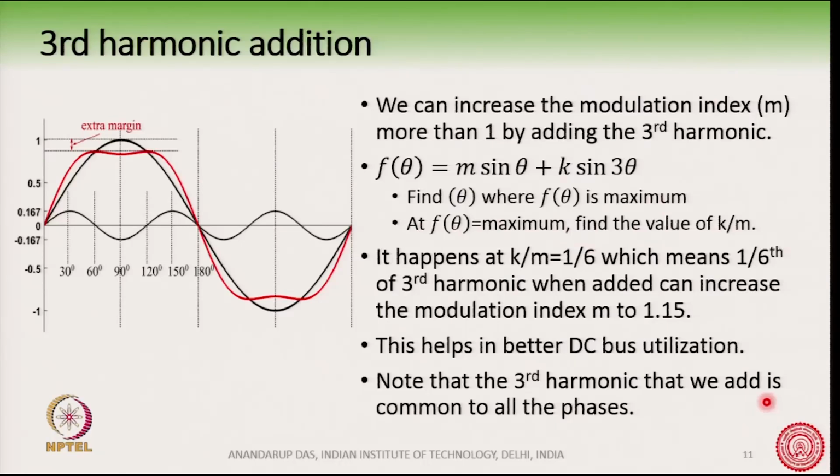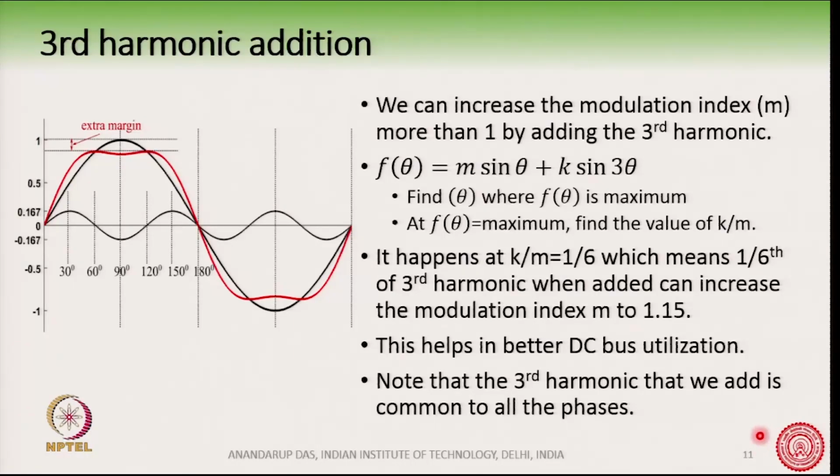So, we are trying to find out what is the ratio of k by m, so that we will know that given a value of m, how much third harmonic I can inject, so that I will never cross the plus 1. So, our aim is to never cross this plus 1 here by adding the third harmonic.